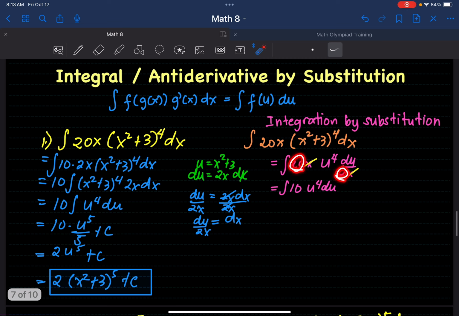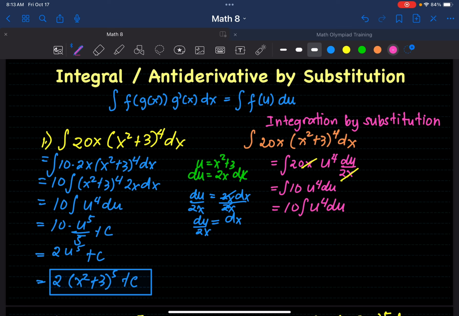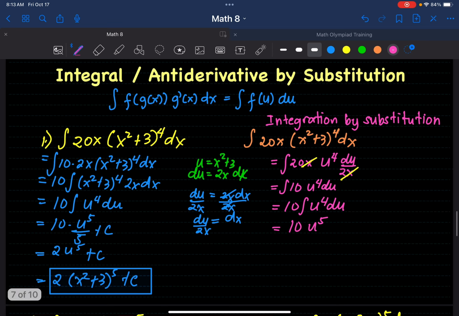20 divided by 2 is 10. So let's write 10 before the integral symbol, u raised to 4 du. And then let's now find the integral of this by adding 1 to the exponent and dividing by that exponent. So 10 u raised to 5, we add 1 to the 4 and divide by 5 also plus c.